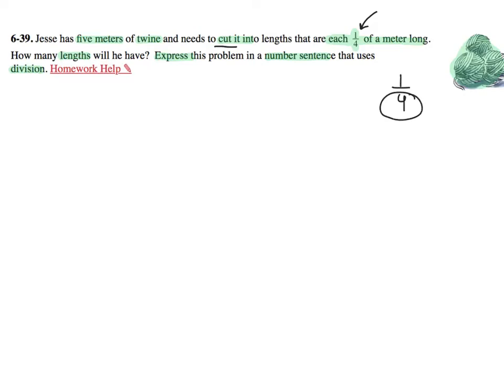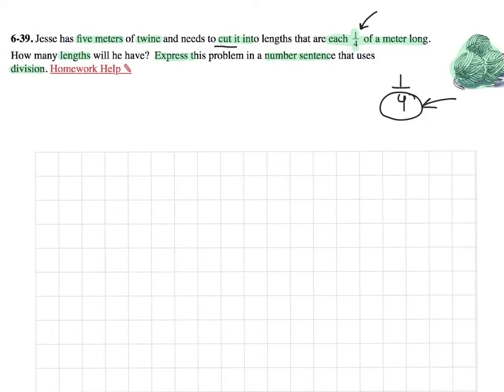The denominator is like the divisor, where we cut into pieces. So we have 5 meters, and we want to cut into 1/4 pieces of a meter.